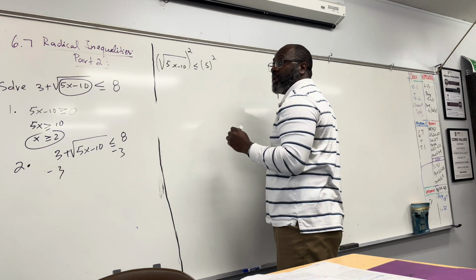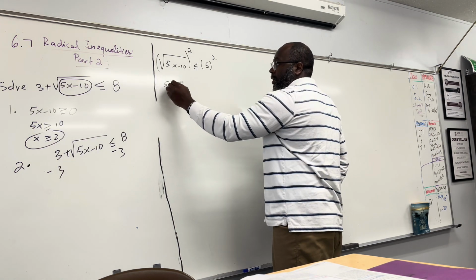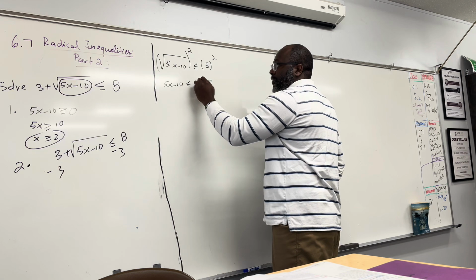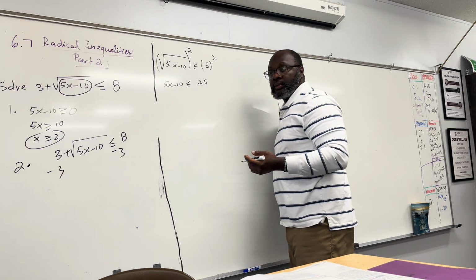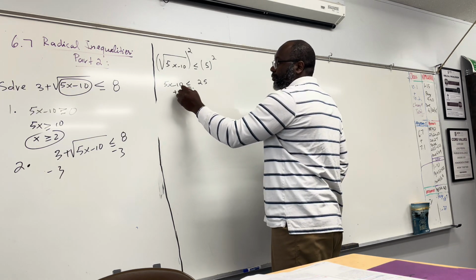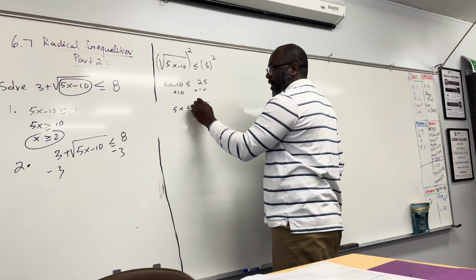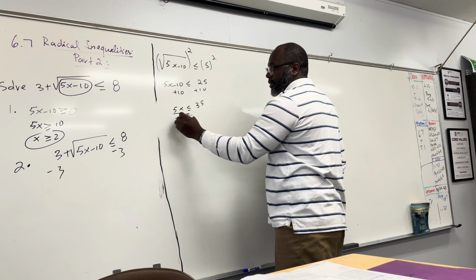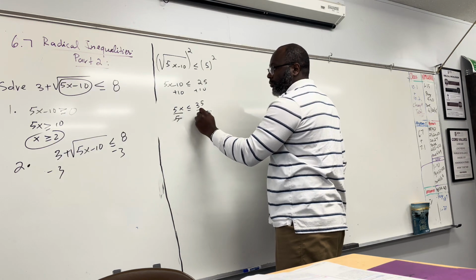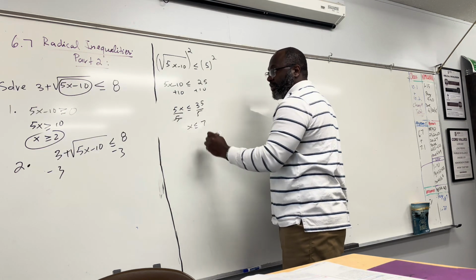When you square it, this takes care of the radical. You're left with 25 here, and then we just solve it. So we got 5x is less than or equal to 35, and then x is less than or equal to 7.